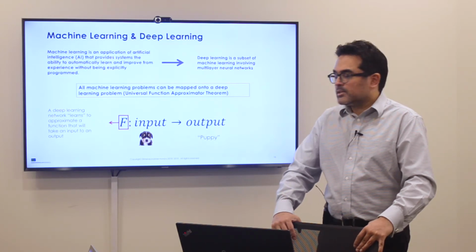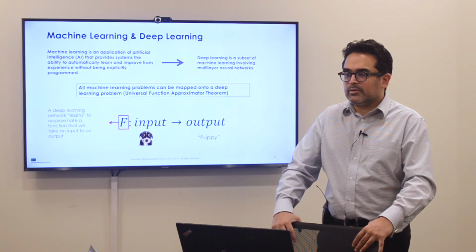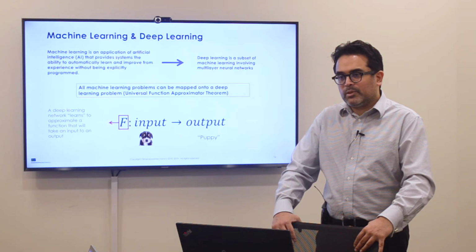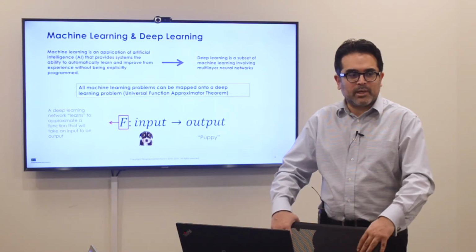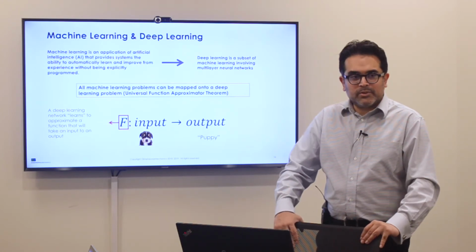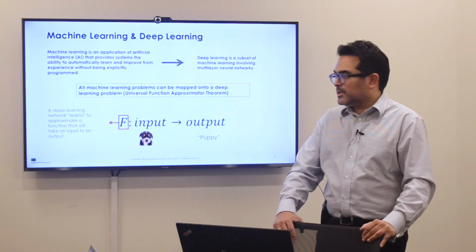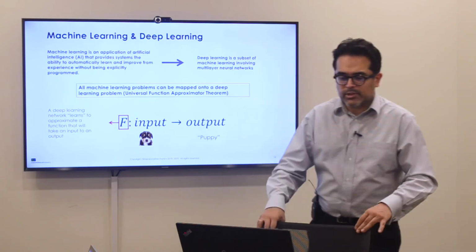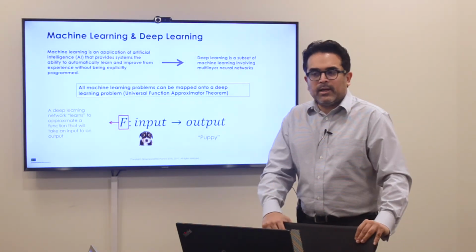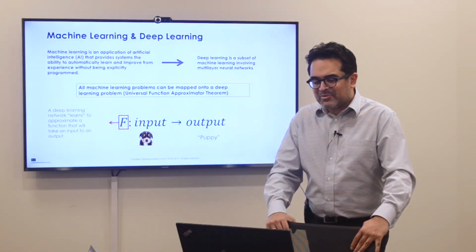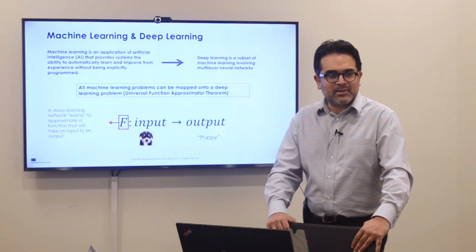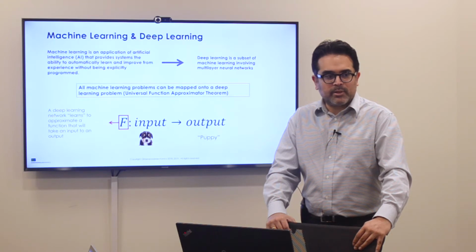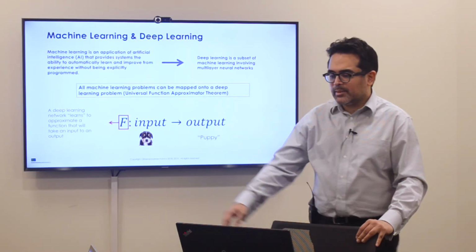How close you approximate that function is called the error of that model. If you are far away, then the error is quite high. If you are close to it, then the error is low. Ultimately, this function is what you're trying to derive. There are many different names for it. You can call it an inference model, an estimator, all kinds of things, but essentially all machine learning problems can be boiled down to this one statement.